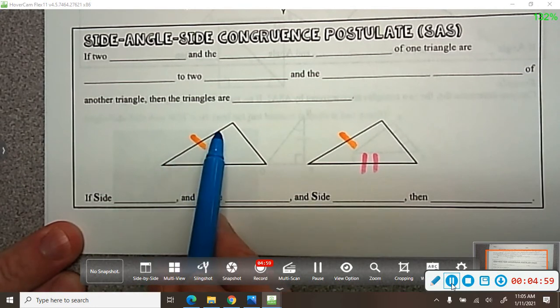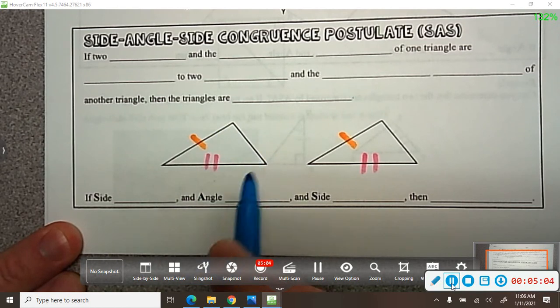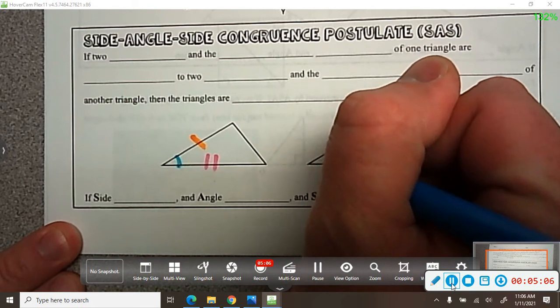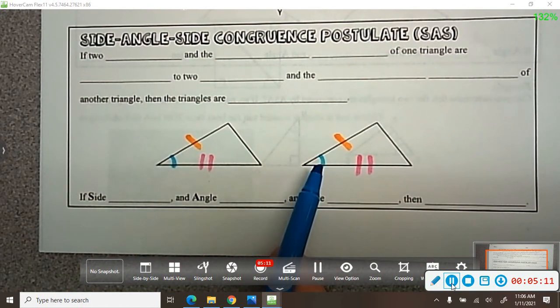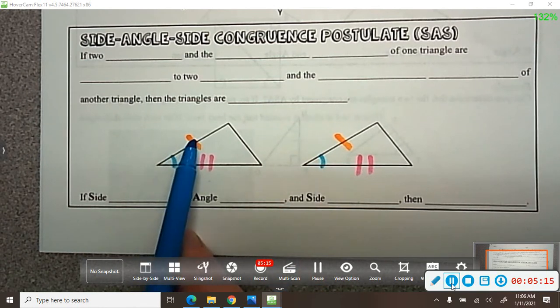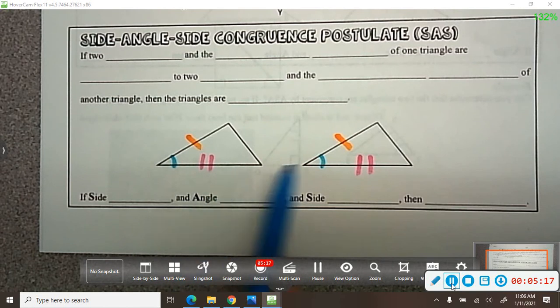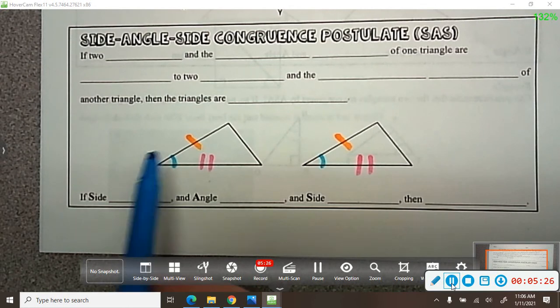Notice this angle is not in the middle of the two sides. But if I know that this angle, which we call the included angle, equals this angle, then this is what we call the side-angle-side. So we have side, angle, side. You could use the side-angle-side postulate to prove two triangles are congruent. If you only know two sides and the angle in between, you could prove congruency.